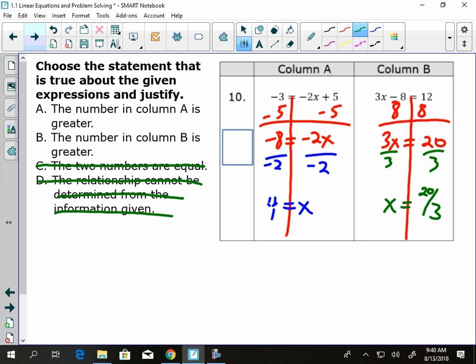Well, put it in your calculator. What does it tell you? It's 6 point something, isn't it? Okay, so in this case, 6.6. 6.6 is bigger than 4, so column B is bigger, and I have to write my B right here.